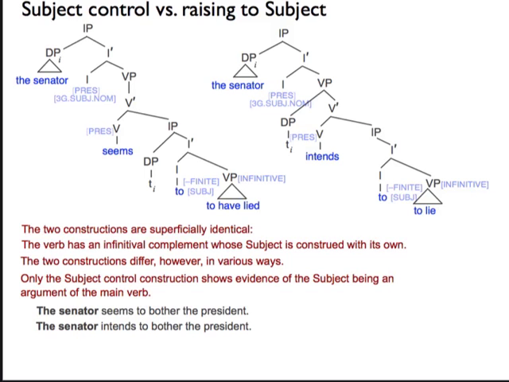And that missing subject is interpreted as having the same index, as co-referential, as being the same as the subject of intend. So the senator seems to bother the president, the senator intends to bother the president. Looks okay, right? The news seems to bother the president, the news intends to bother the president.